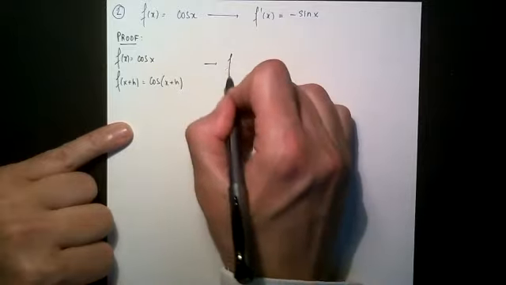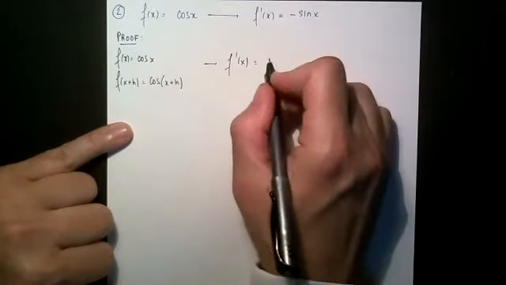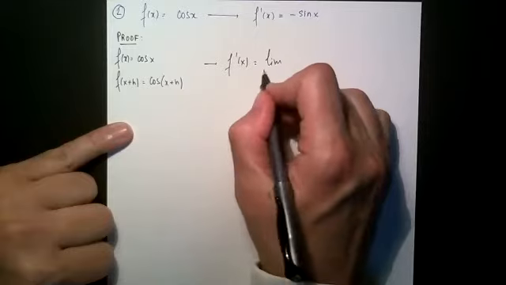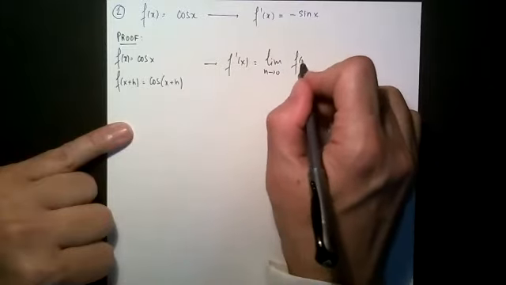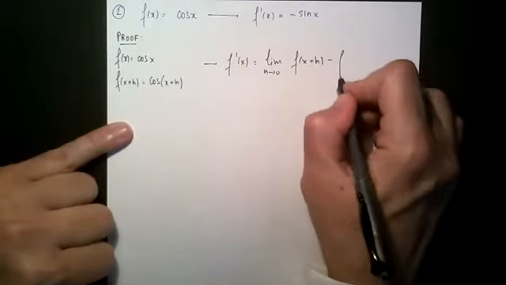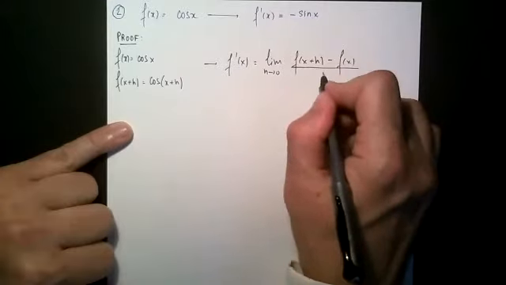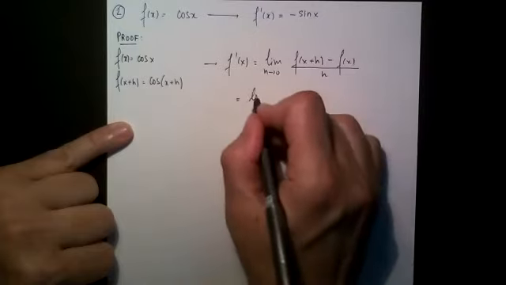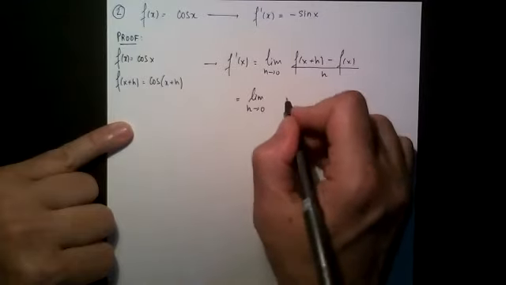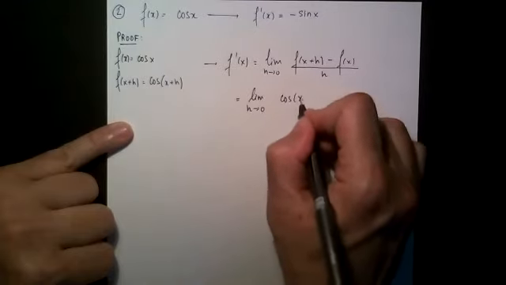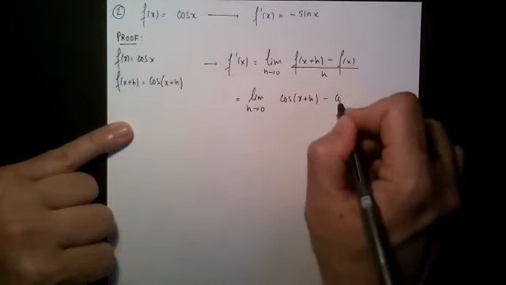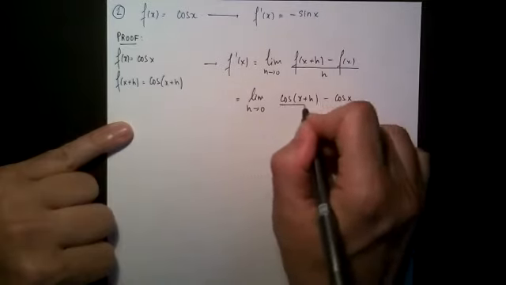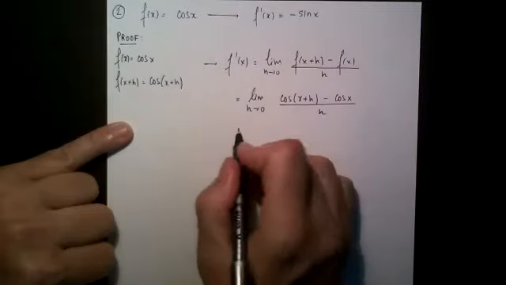And so f prime of x is, as usual, the limit as h approaches 0 of f of x plus h minus f of x over h, which is equal to the limit as h approaches 0 of cos of x plus h minus cos of x over h.